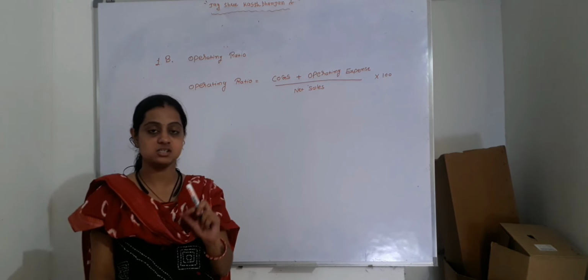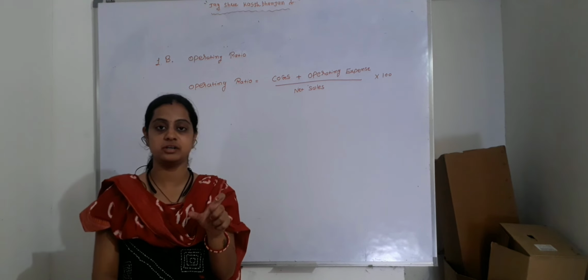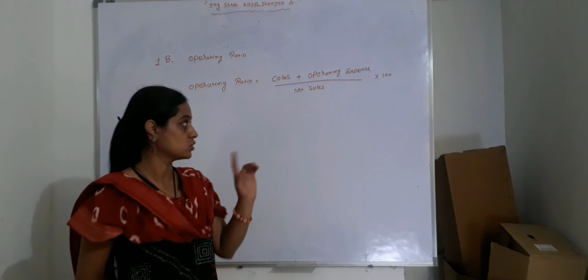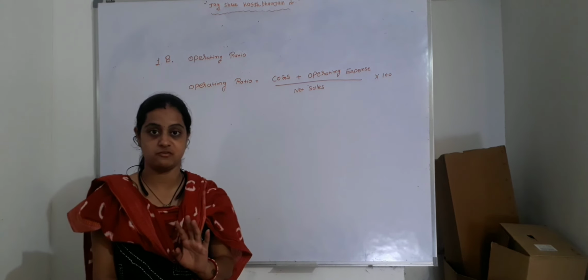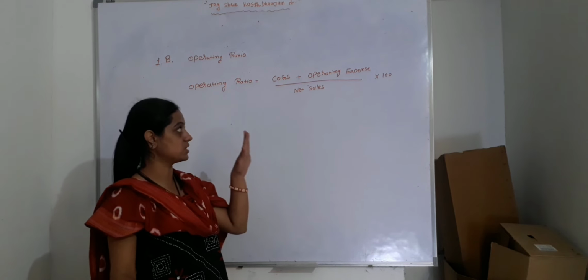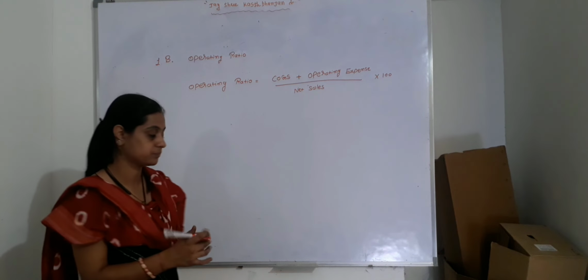As we have discussed, to find GP ratio, the formula is gross profit upon net sales into 100. So to find operating ratio, the formula is COGS plus operating expense upon net sales into 100.